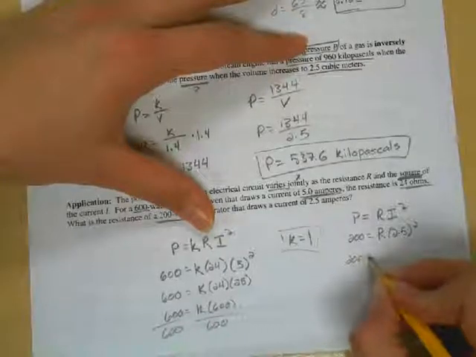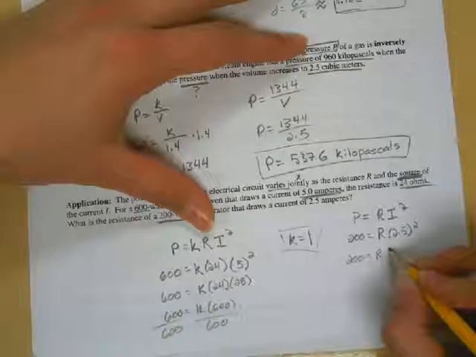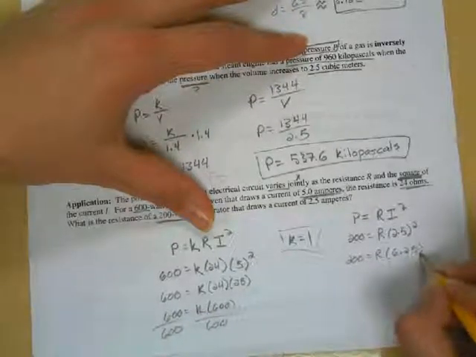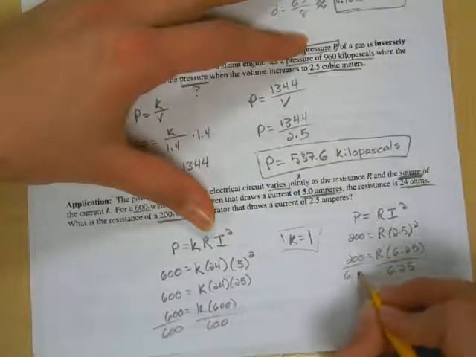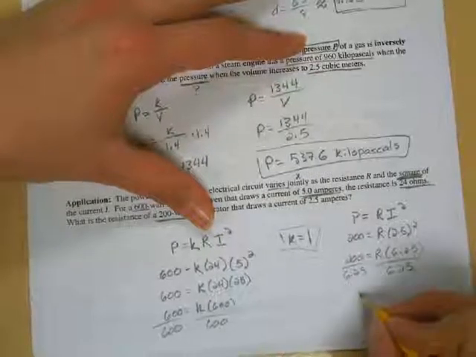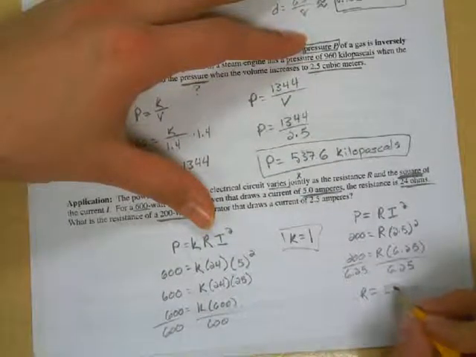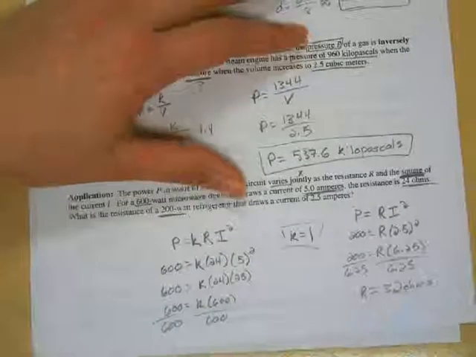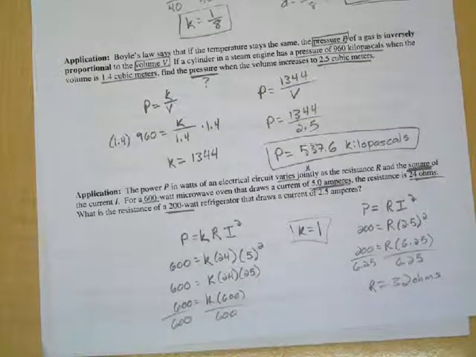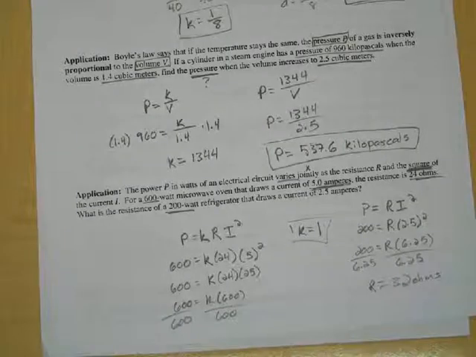So 200 is equal to R times 6.25. Divide by 6.25, and I get that the resistance will be 32 ohms. So I get 32 ohms of resistance for a 200 watt refrigerator drawing 2.5 amps.